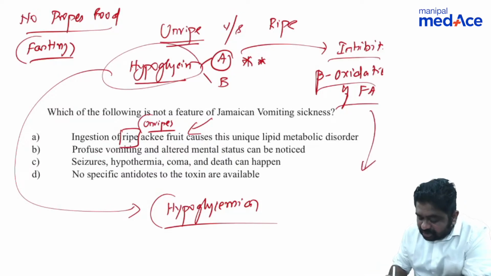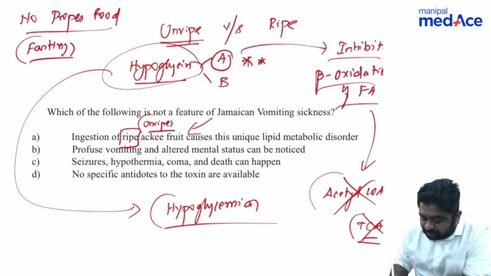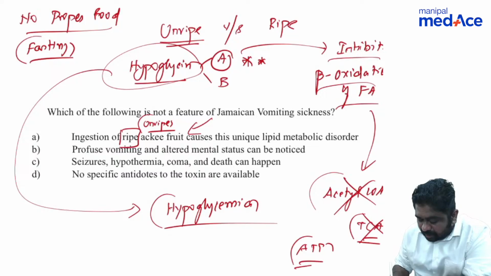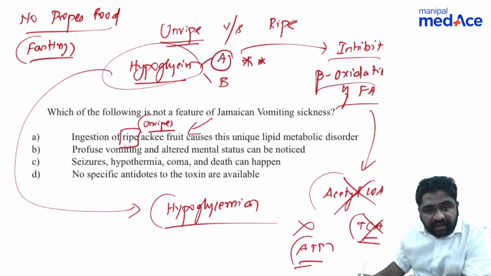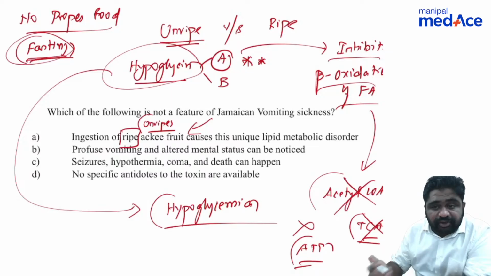So the beta oxidation is not able to produce acetyl-CoA. And if acetyl-CoA is not able to come out, the TCA cycle does not operate. Because of which ATP synthesis is not happening, the patient is already feeling very tired. And at that point of time, because you have not eaten food from outside, the exogenous source of glucose is also not available.